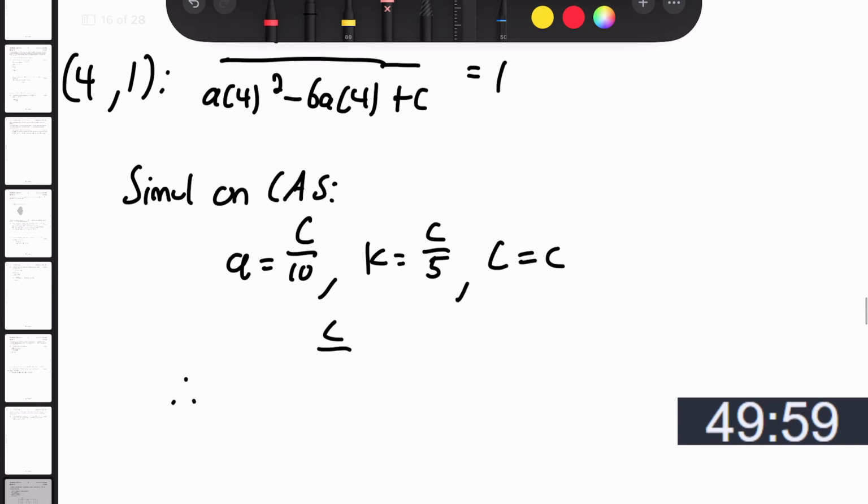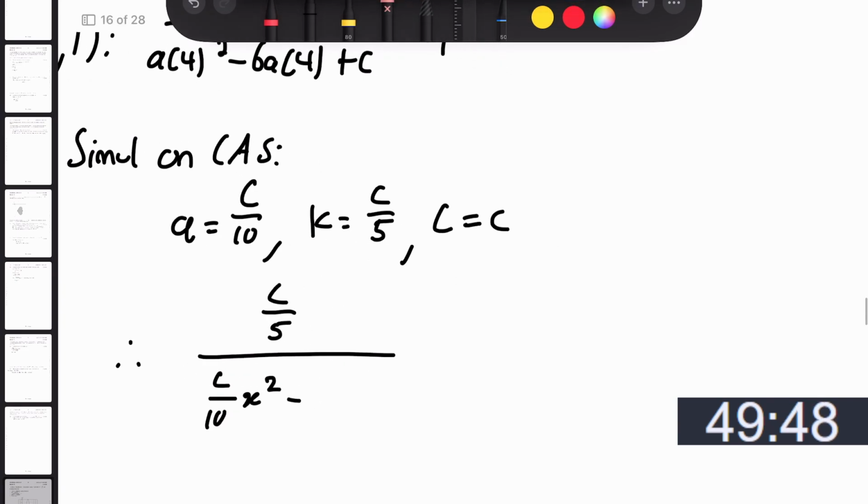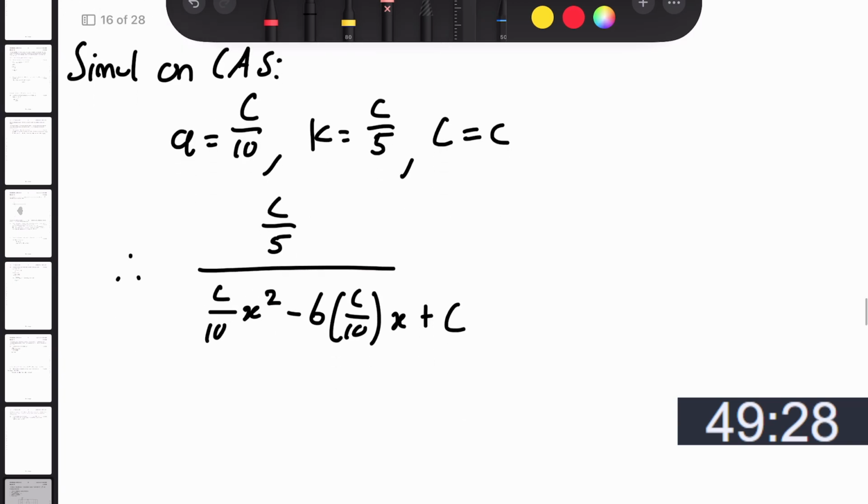Therefore, all over c on 10, x squared minus 6 of c on 5, 6 on 10, plus x plus c.